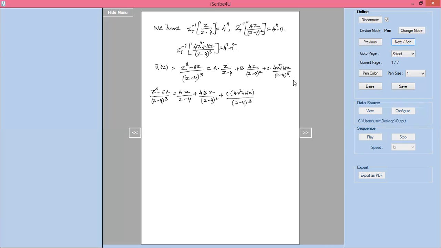We'll cross multiply. At the same time, the common term z should be there. I'll take the z outside, and left hand side, right hand side, I'll cancel.